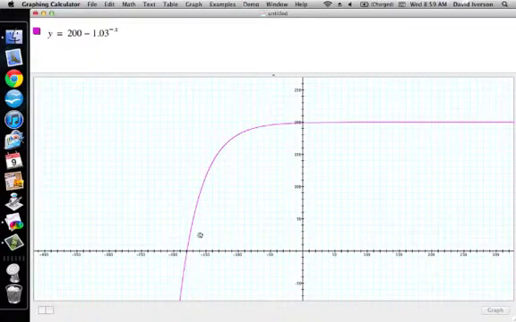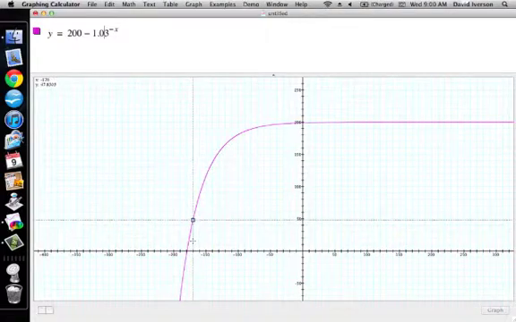So this is your terminal velocity. What happens is, at this point in time right here, you jump out of the plane, and as soon as you jump out of the plane, you start accelerating, and you start accelerating at a really, really fast rate.